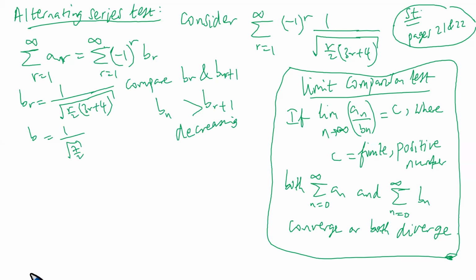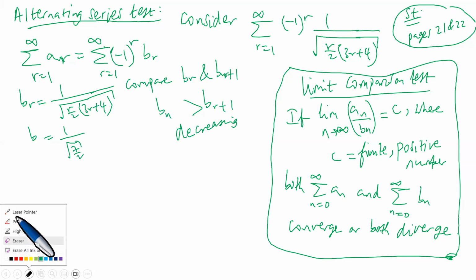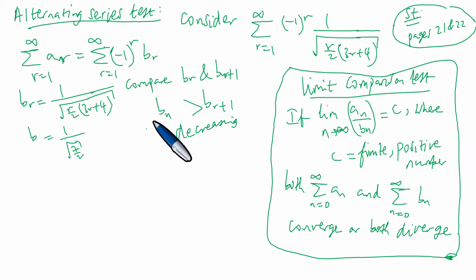This is B1, and this one is B2, which we found to be 10. Which one is smaller than the other? Because this one, 7 divided by 2, is 3.5.